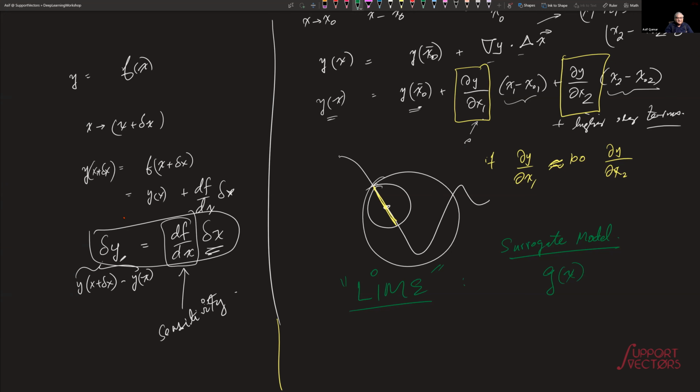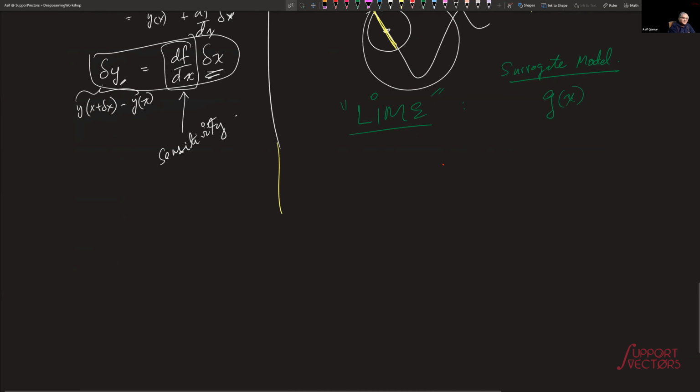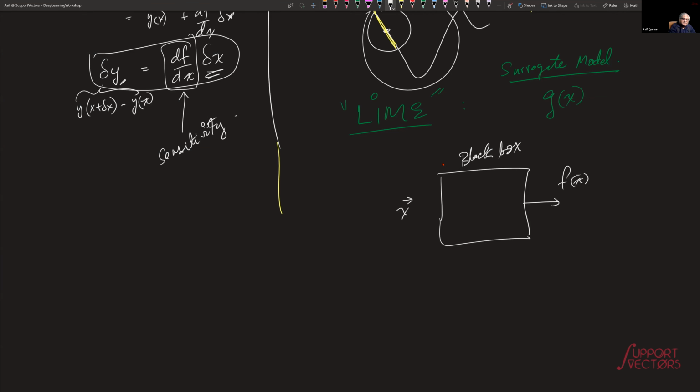So the basic idea is this. Suppose you have a black box. The basic assumption is, let the algorithm be a black box, and you don't really care. X goes in, F of X comes out. Now, F of X is rather hard or intractable in some sense.